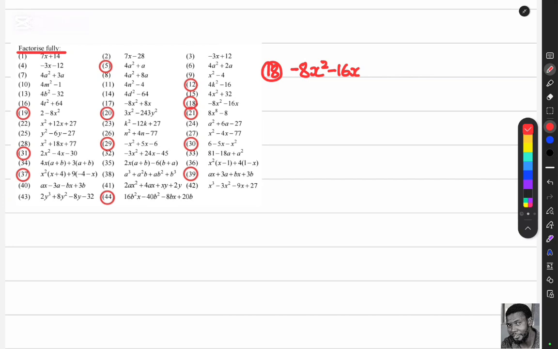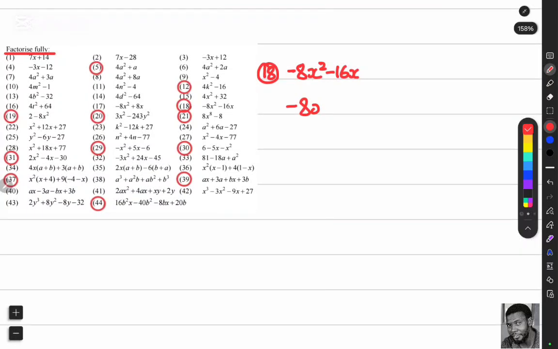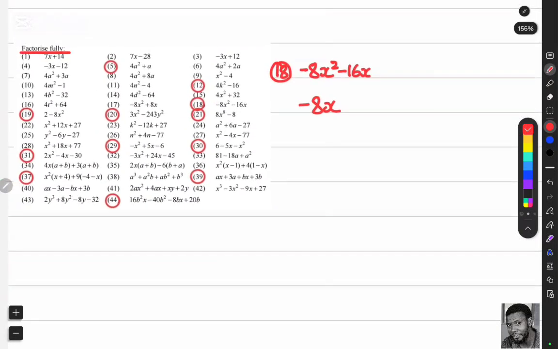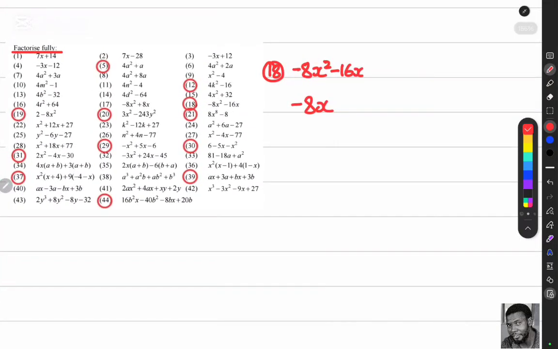The highest common factor of negative 8 and negative 16 should be negative 8. As for the variable, we always take the one with the smaller exponent, and in this case we'll take x to the power 1. Once you do that, you then divide each term by the highest common factor.